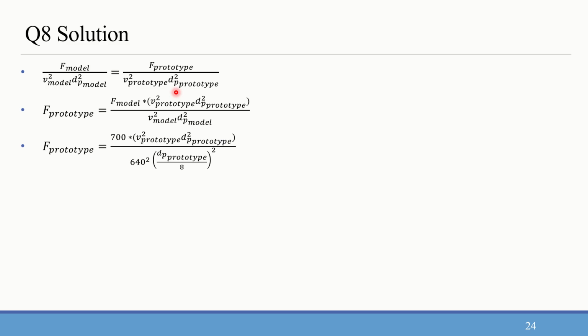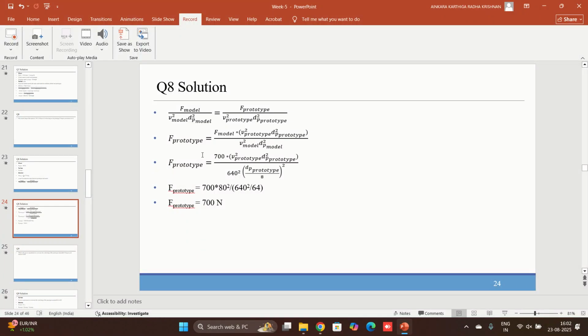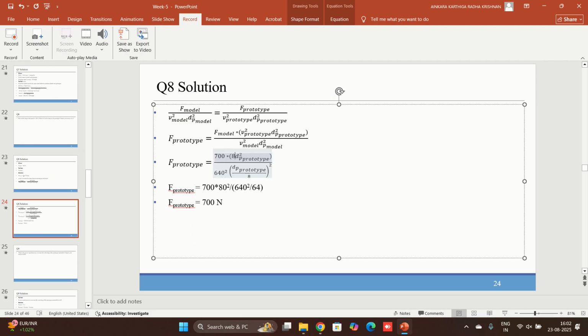Now in this we know everything, right? F prototype is equal to F model, which is 700 Newton, into V prototype square, which is 80 square, into D prototype square divided by V model square into DP model square.